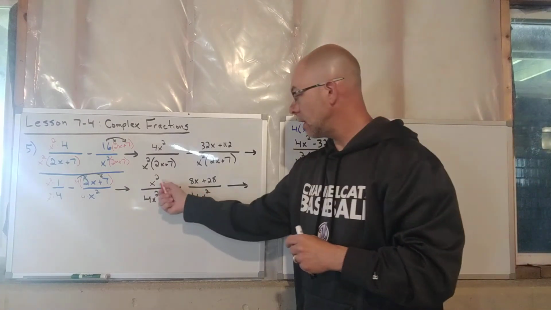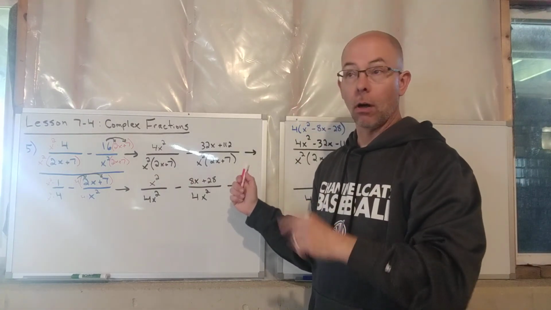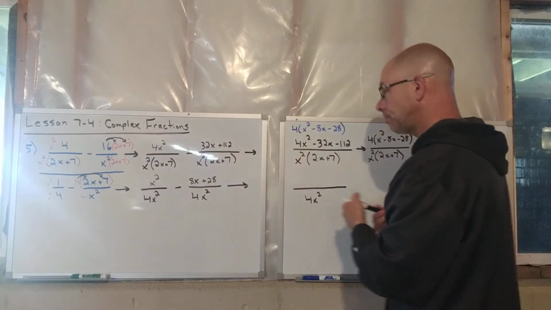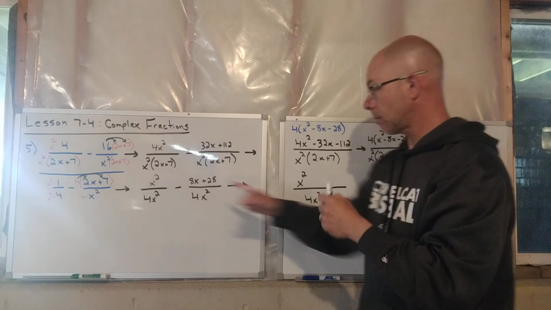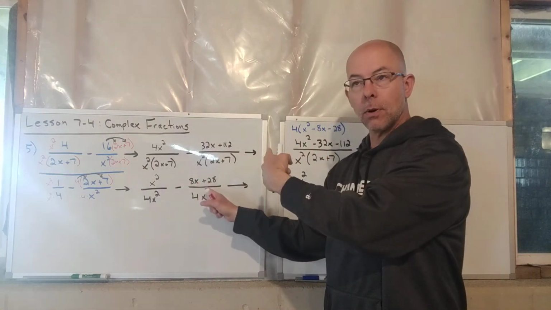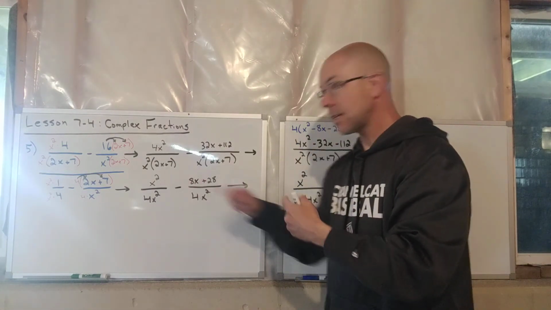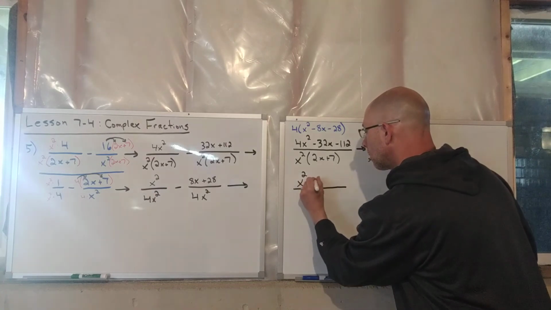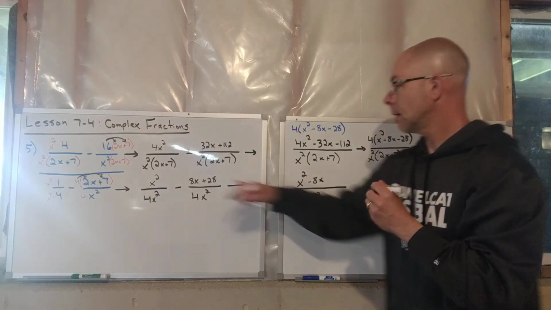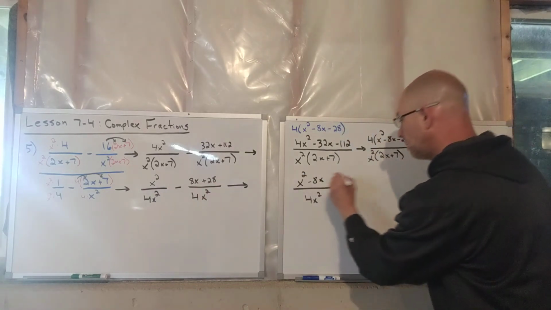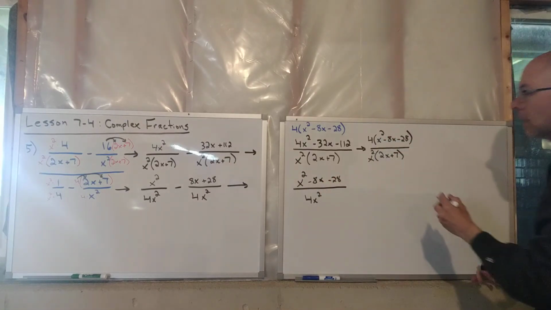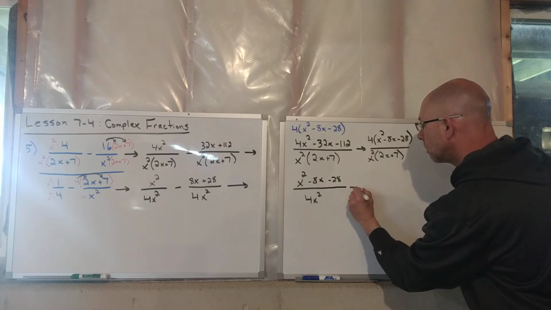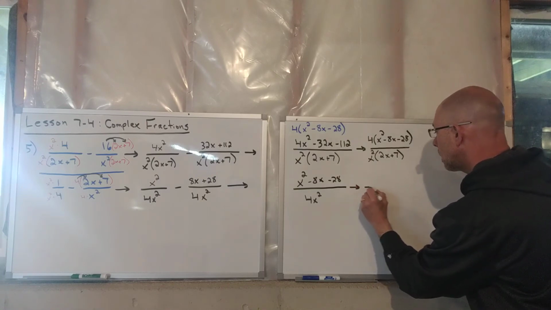Now once again, these are not like terms at all. So there is just the x squared from here. It's minus both of these, so it's minus 8x minus 28. Now, I'm just going to move this over here so that it's in line with the other one.